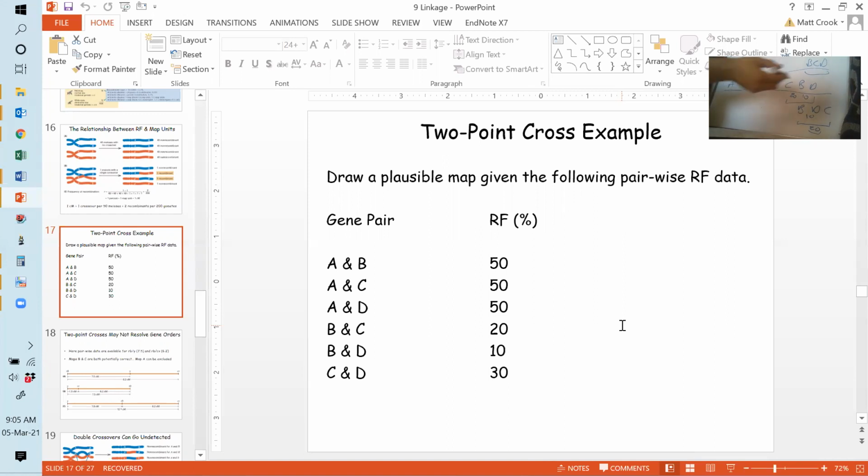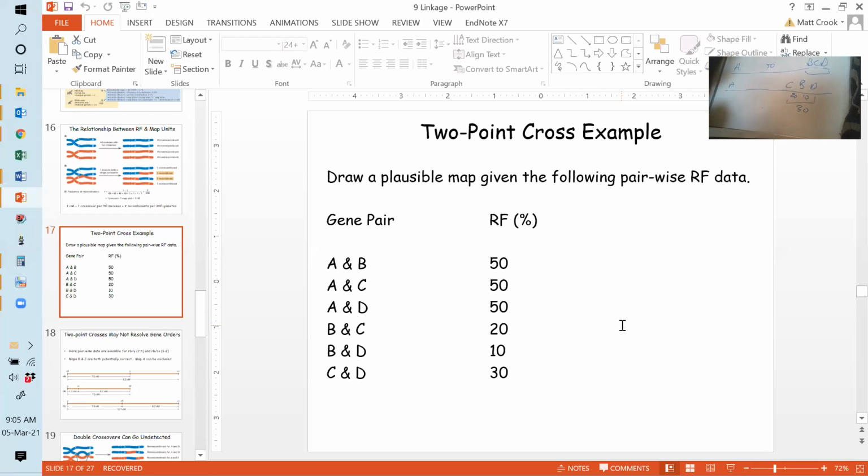CBD, exactly, because if C is 20 from B, C is going to be 30 from D. We look at the recombination frequencies, and that's what we get. So here it is. That's the order of these three genes.